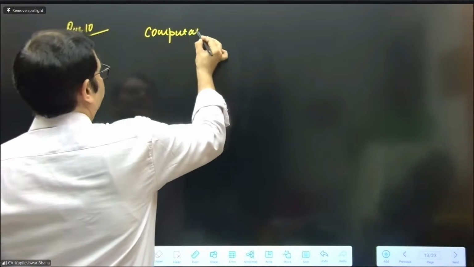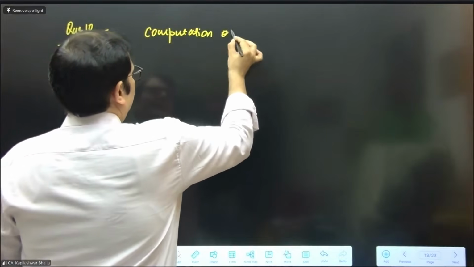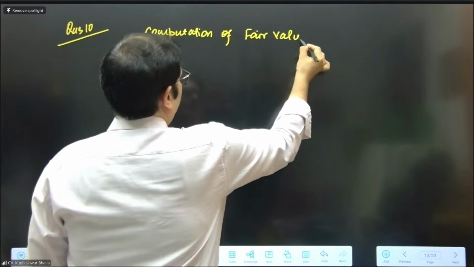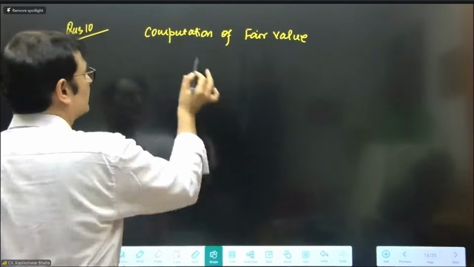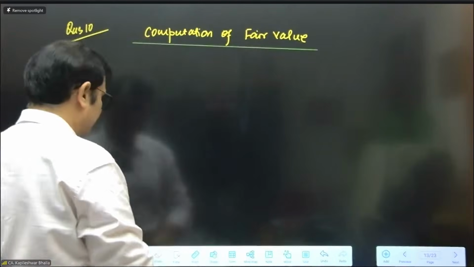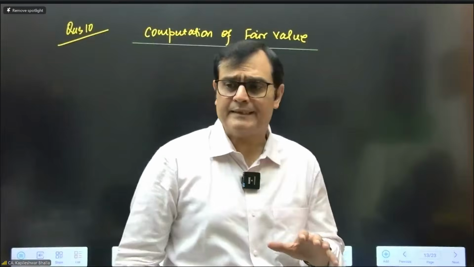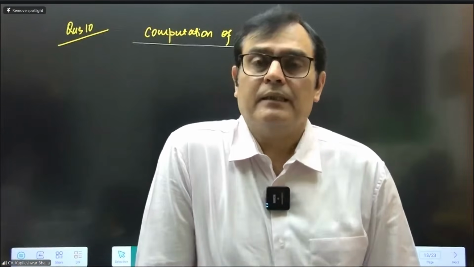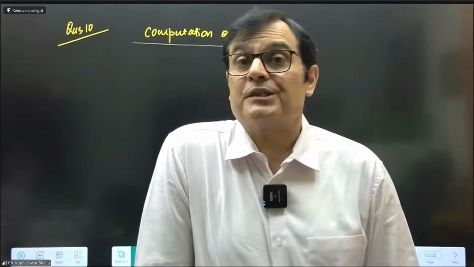So let's again come back to the agenda and look at the computation of fair value. And in this kind of question, when there is a difference in the transaction value and the fair value, it is also important that, in the exams, you give a little elaborative note explaining what this difference is attributed to.